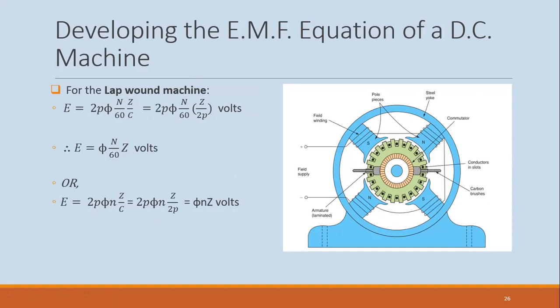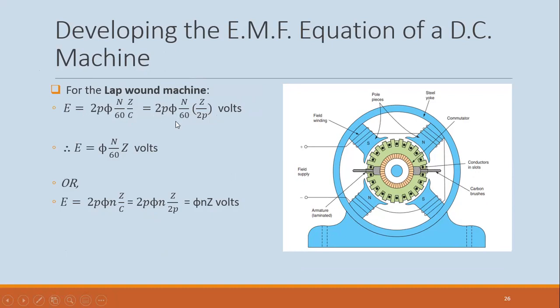All right, now for the lap-wound machine, again we substitute the value of C. C in this case is 2p, and so the 2p's cancel.